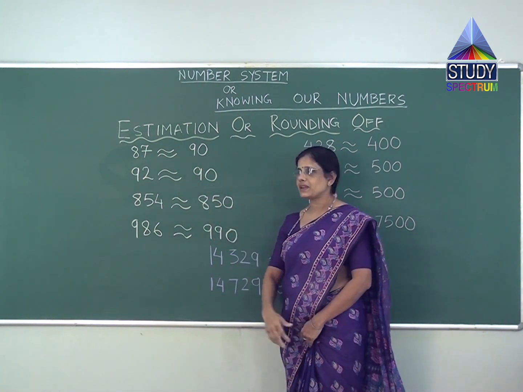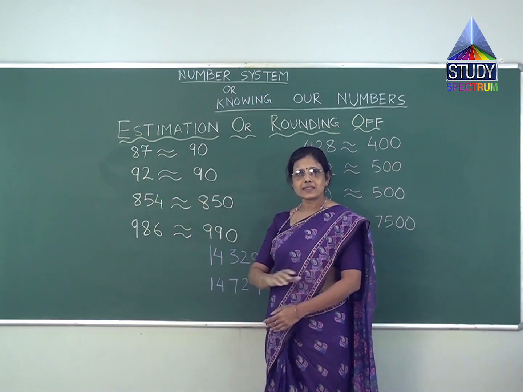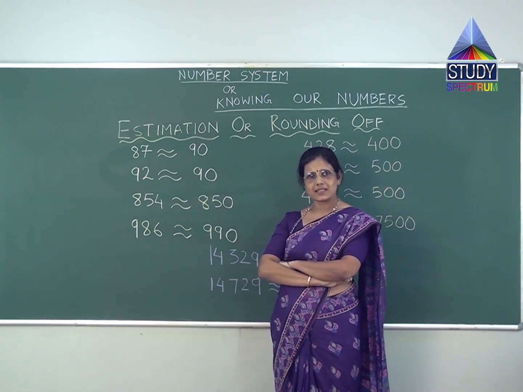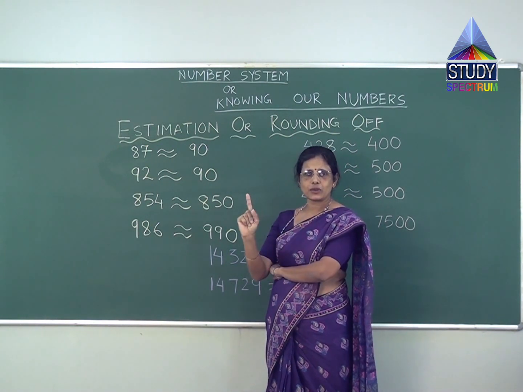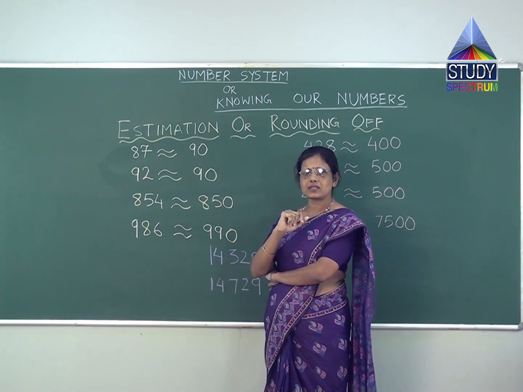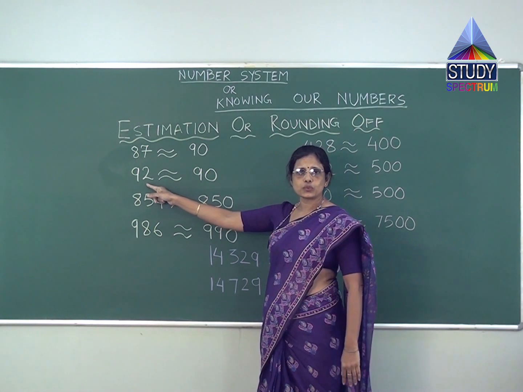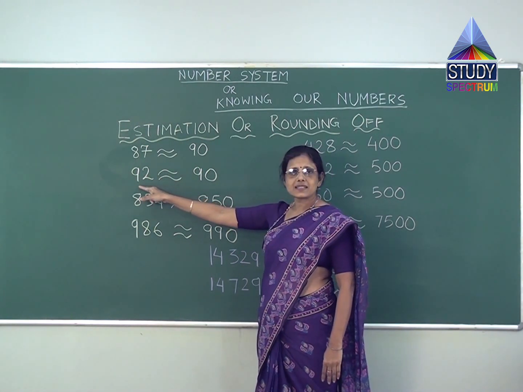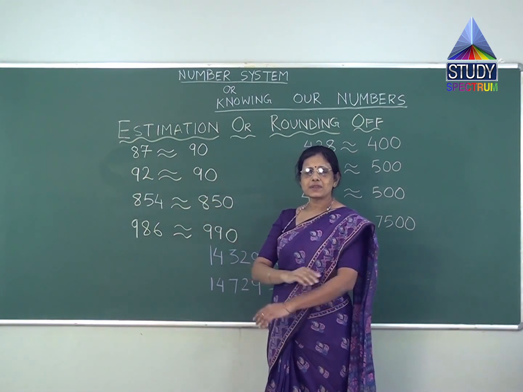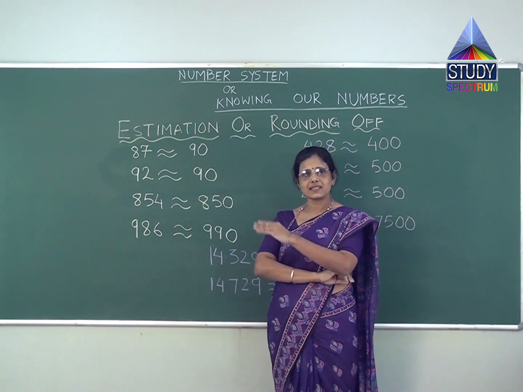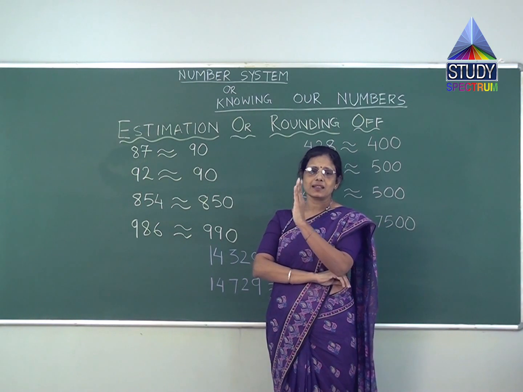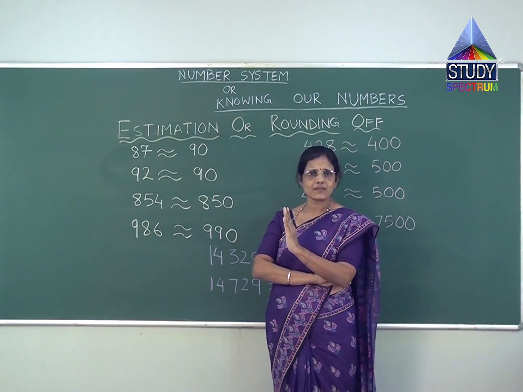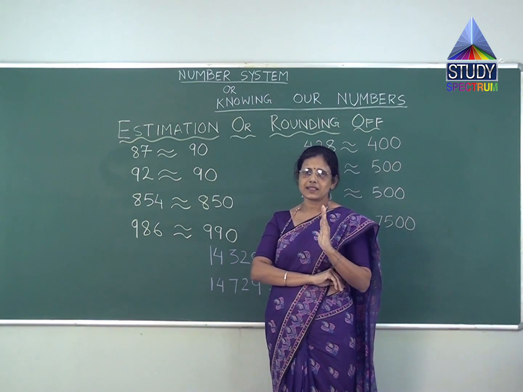Similarly, another example I picked up is 92. That is also nearest tens. Now nearest tens, again I am repeating, look at the unit digit. What is in the unit digit? In the unit digit there is 2 and the tens digit is 9. It means the unit digit is less than 5. What will happen now? If the unit digit is less than 5, then we should not add 1 to the tens digit.